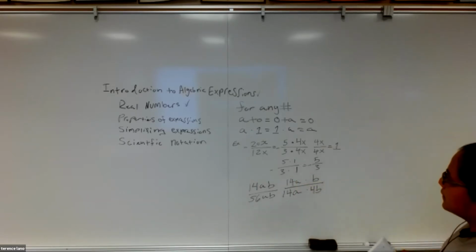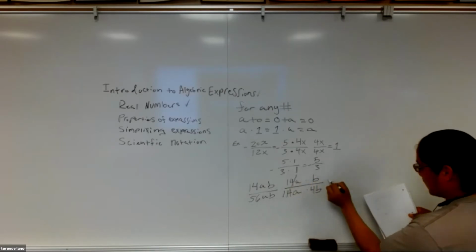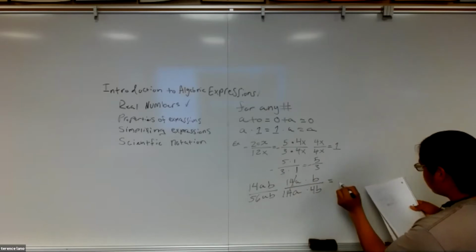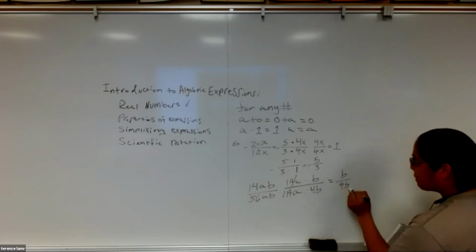Then this one, we can cancel these two out, make them 1, and then we'll be left with B over 4B.